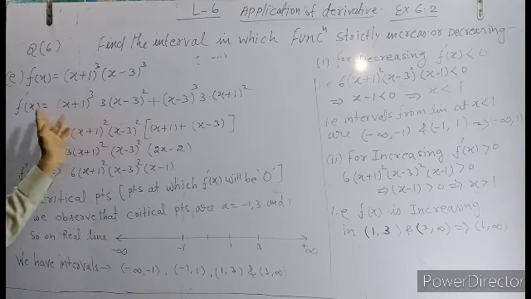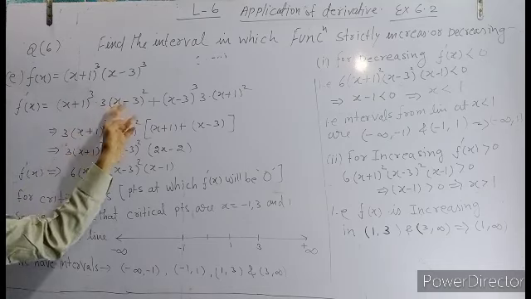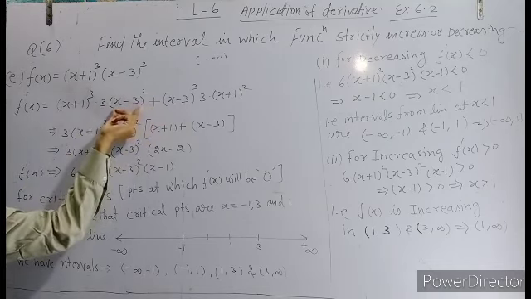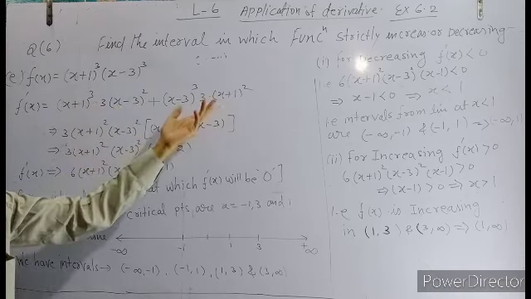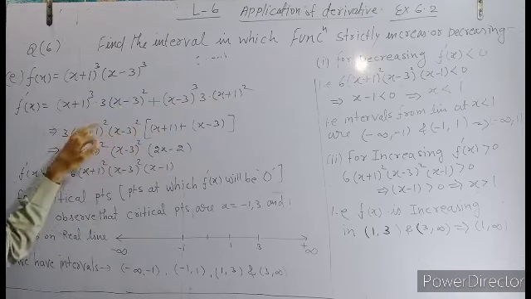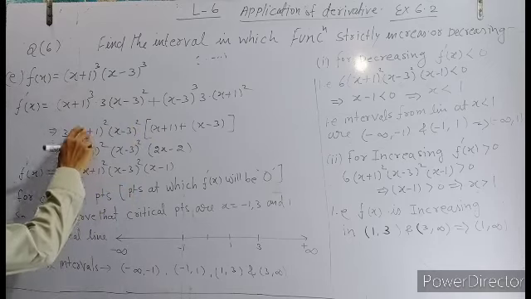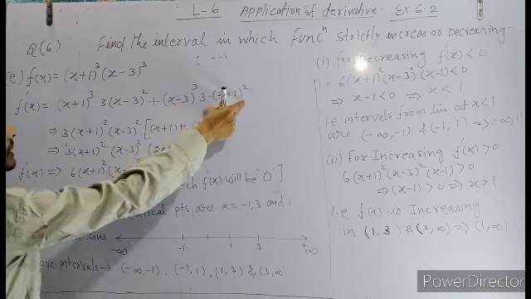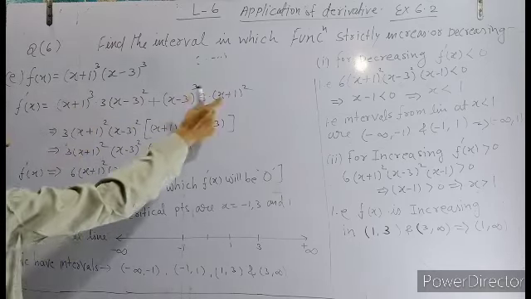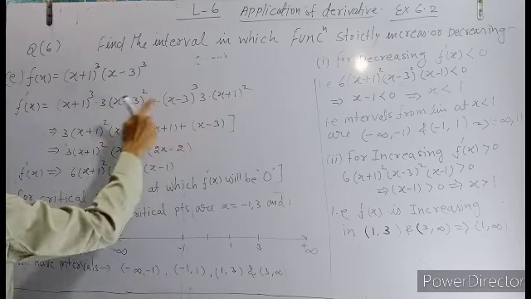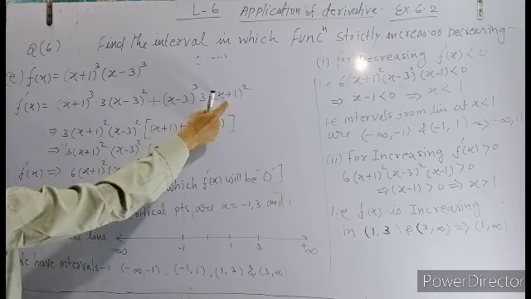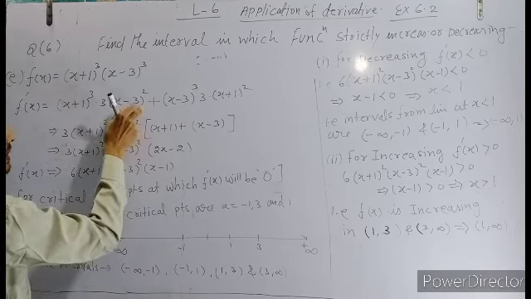We can see that both terms have common factors of (x minus 3) and (x plus 1). We take common the minimum power, which is (x plus 1) whole square and (x minus 3) whole square.